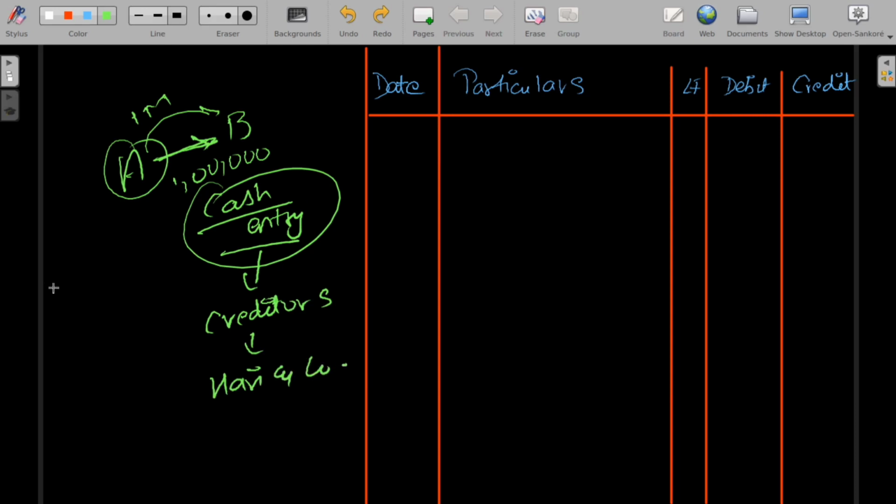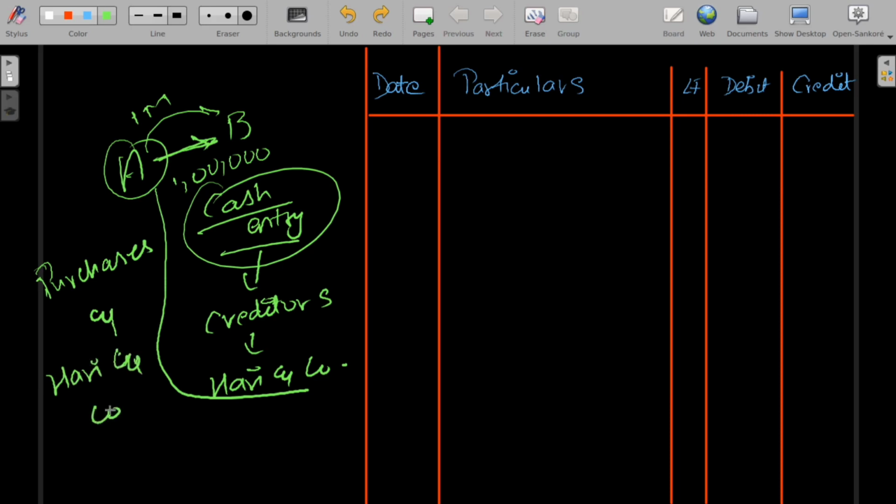The two items affecting this transaction would be purchases, as you have purchased goods, and Hari and Co. Purchases is your expense, and when your expense increases, you debit it.